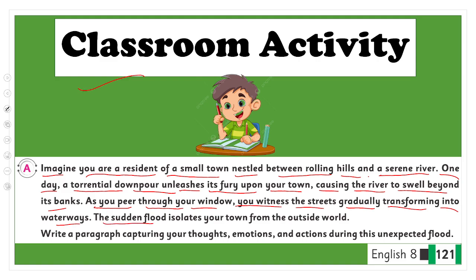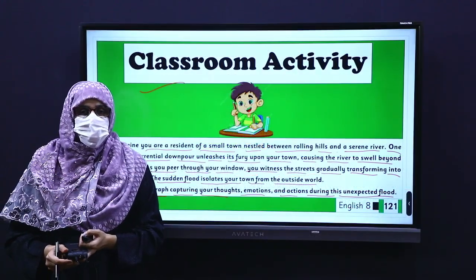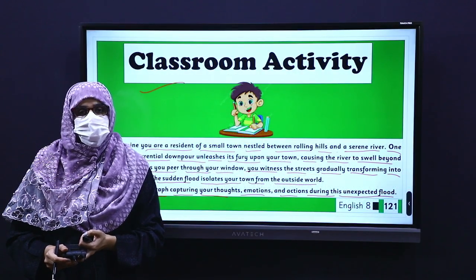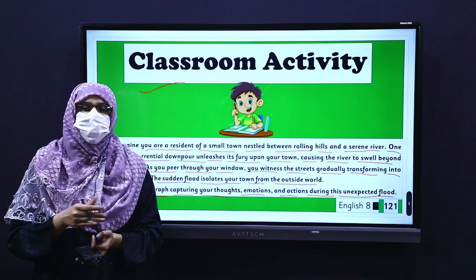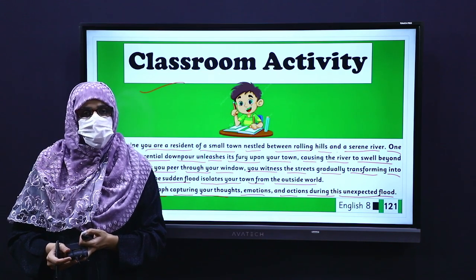The sudden flood isolates your town from the outside world. Write a paragraph capturing your thoughts, emotions, and actions during this unexpected flood. Since you have already learnt about free writing, you will be able to write about all these devastating situations in a form of paragraph.